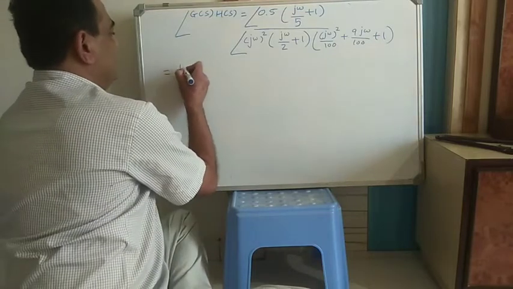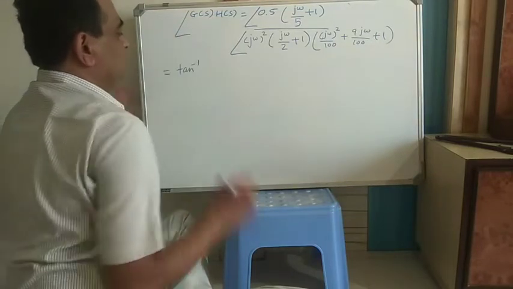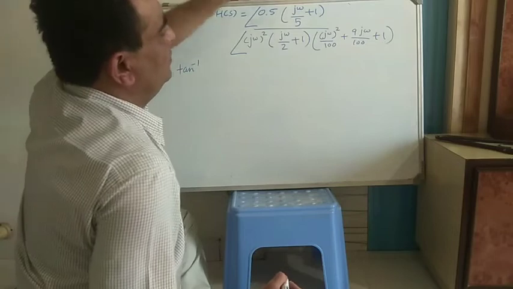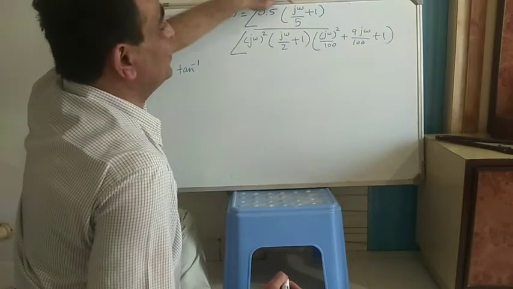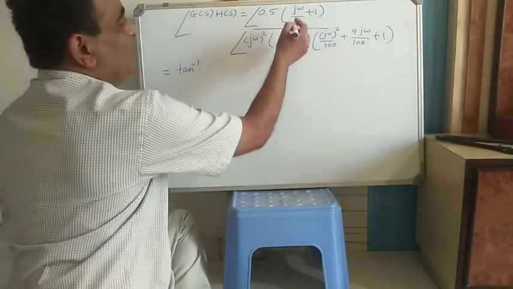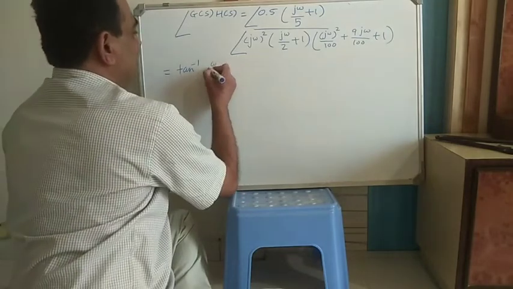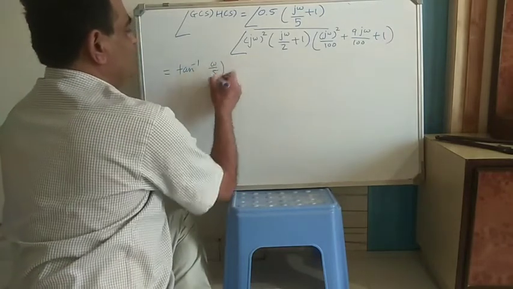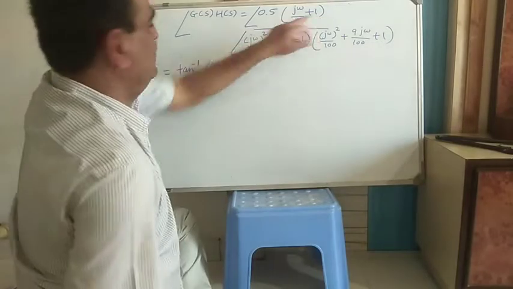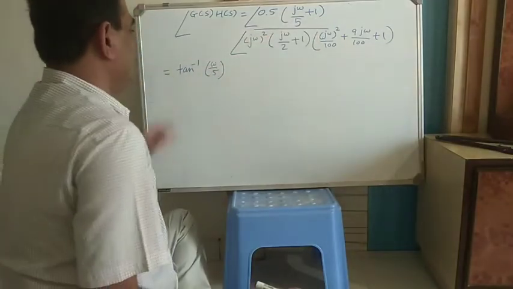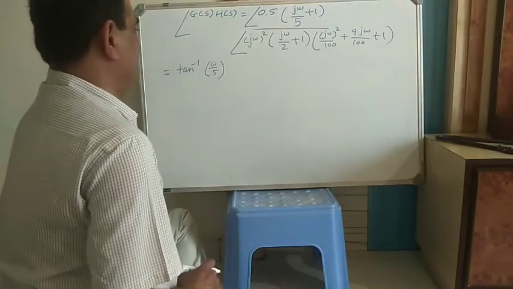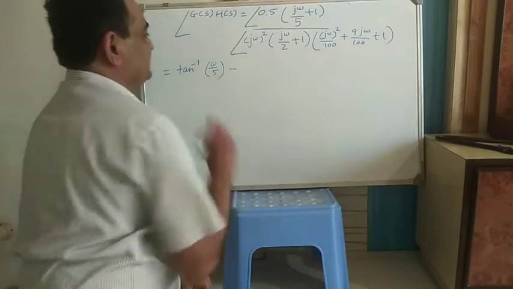So tan inverse of imaginary part by real part. The imaginary part is nothing but omega by 5, divided by 1, which is omega by 5. So tan inverse omega by 5, minus.